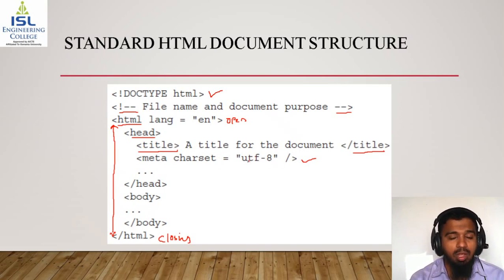If you mention this, then the browser will easily understand. The first thing is, you can open the tag and close the tag. Some of the tags don't have any kind of elements, like take the example of meta charset UTF-8 with a slash. That means in the opening tag only we can create the closing as well. This is also valid.